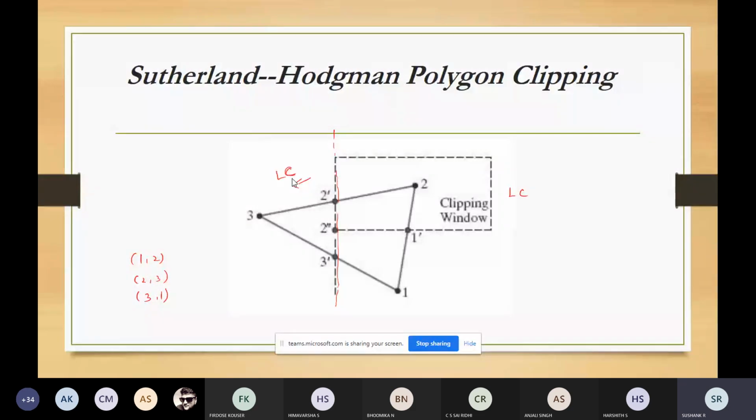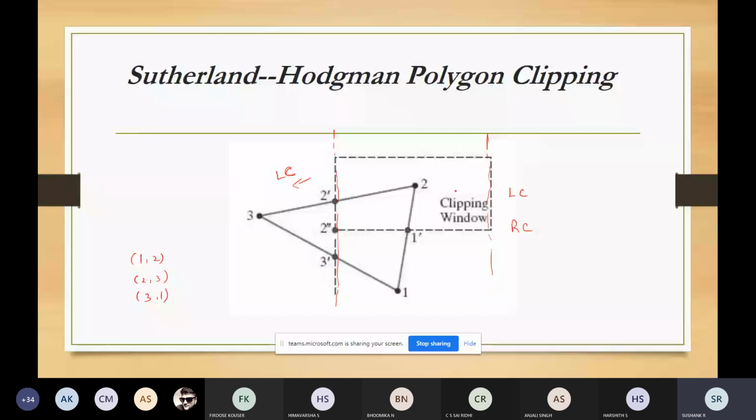So this is my portion for left clipper. This will be my area for right clipper. This will be my top clipper and this will be my bottom clipper.